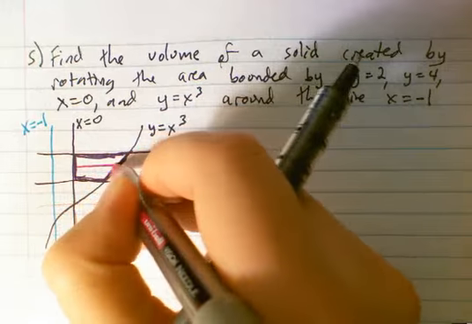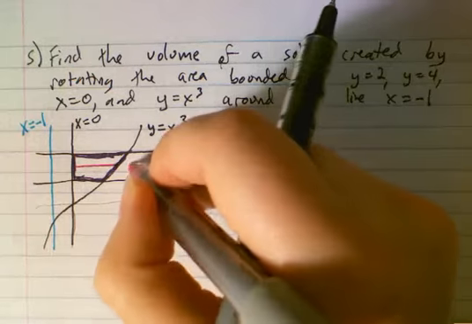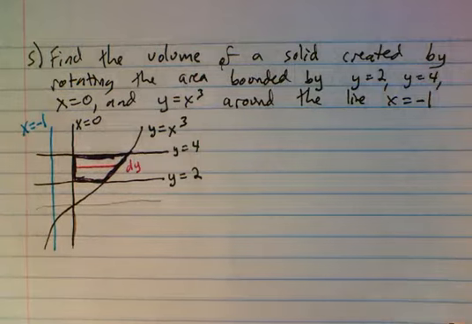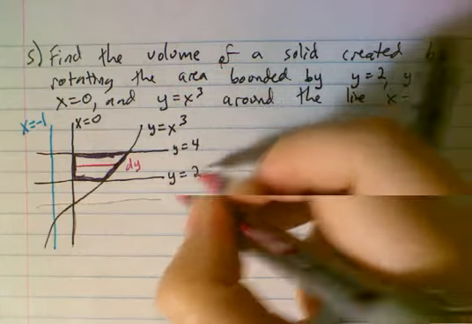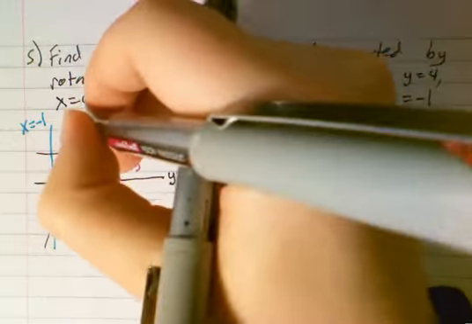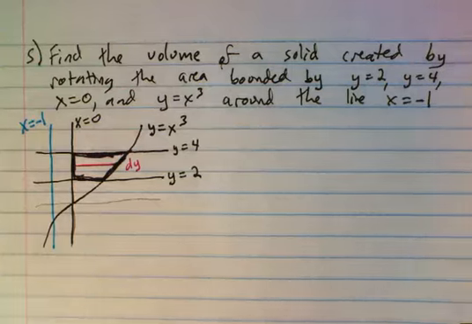I know that this has to be perpendicular, so that means this is a dy. That means everything here should immediately be converted to y's. This is y equals a number. X should be f of y, so I should have a couple f of y's right in here. Let's make this one a g of y.